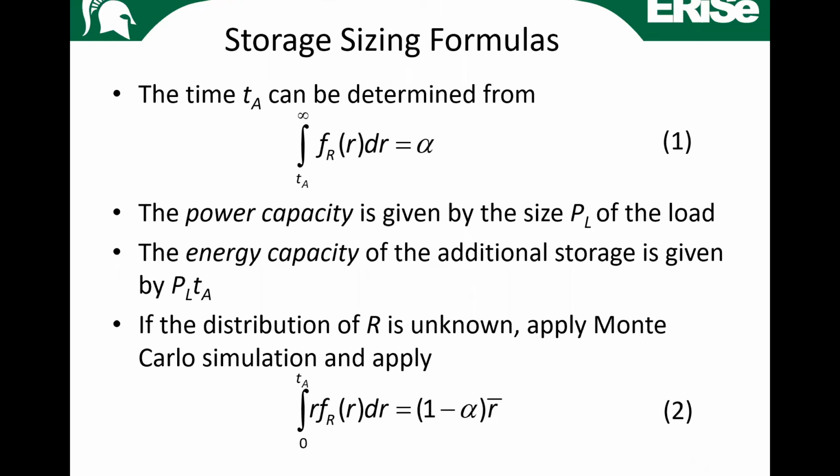What that means is, if your computer plus monitor is drawing 200 watts, then you need a UPS that can supply 200 watts or more, right? But for how long?